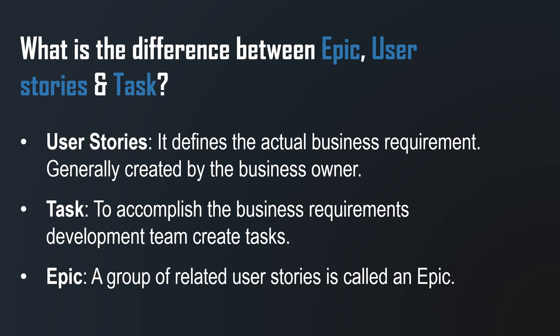But the user story is create login mechanism. When you take multiple user stories like login, forget user, new user, they become an epic, which is called authentication. So always give an example whenever you talk about these use cases in your interview, right?